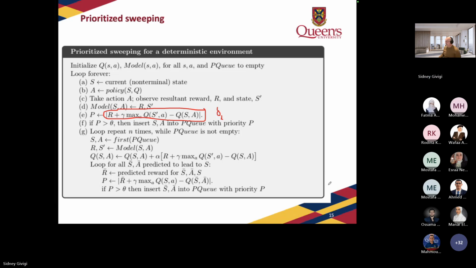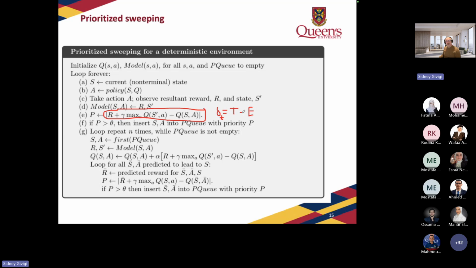Okay. So this is what we call our TD error. This is the delta T there. Okay. So this TD error is going to tell us how wrong we were. So if you recall, we defined this as being the target minus the estimate, right?